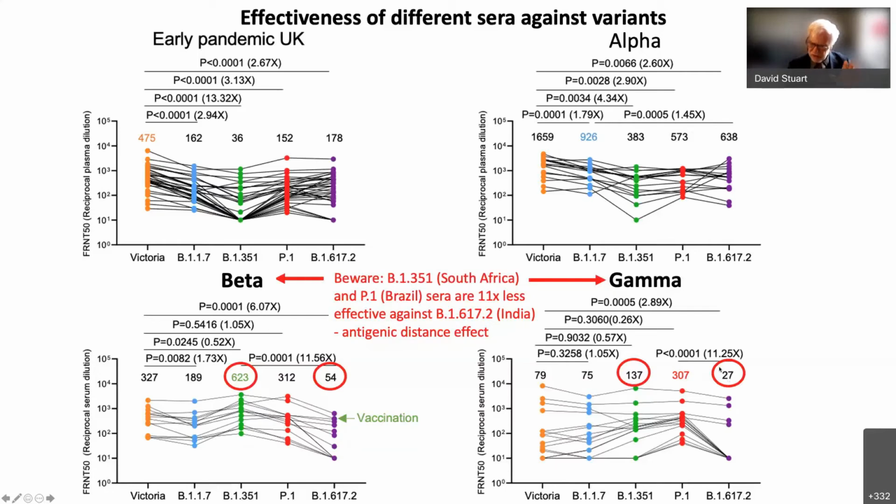So this is really showing that it's quite a complicated situation, and essentially shows that delta is almost orthogonal in terms of antigenic space to beta and gamma. And this makes sense if you think about that there are very different mutations on the receptor binding domain.